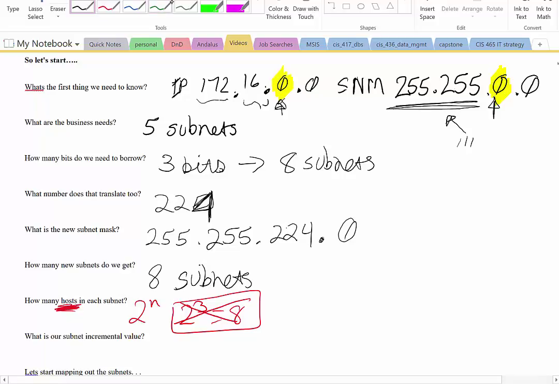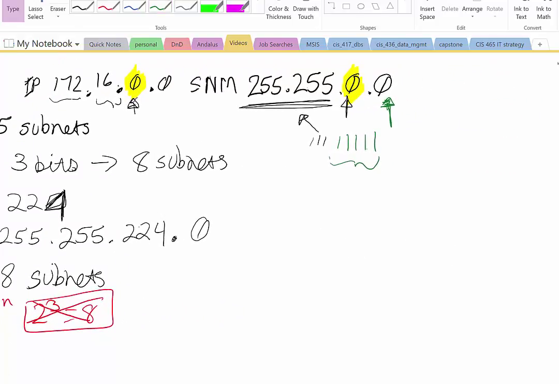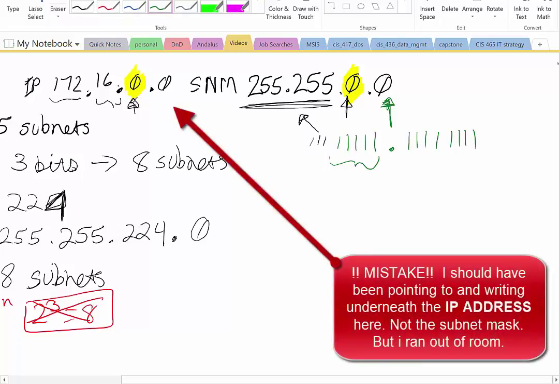That means the remaining, and I'm going to use green for this color here, 3, 4, 5, 6, 7, 8. The remaining parts are used for the host, and then this last octet here is all used for the host. So if we scroll to the right a little bit, this last octet has 1, 2, 3, 4, 5, 6, 7, 8 bits that are still left for the host.